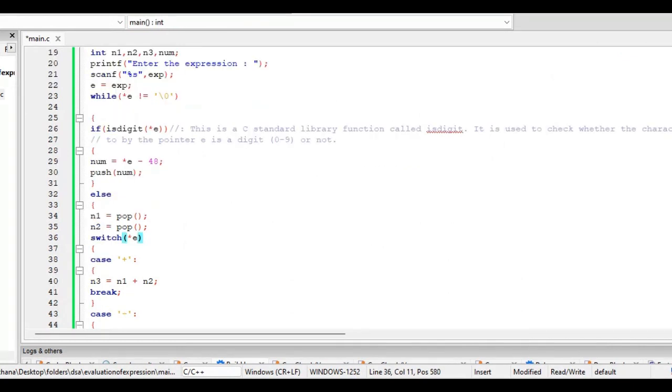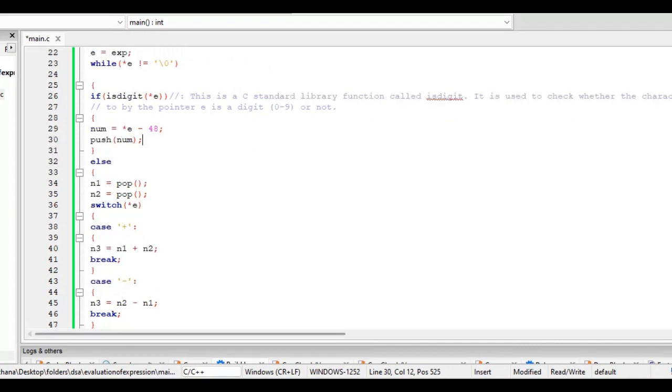We take those out, and with switch of asterisk e, we are using a switch case for that expression. That is any operation. When it enters the else part, when it is not a digit, that is any operation, we switch that operation into this case.